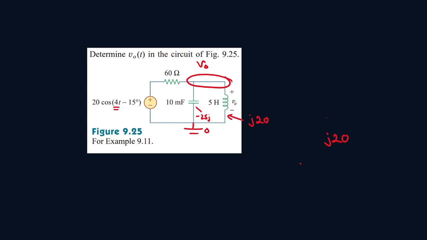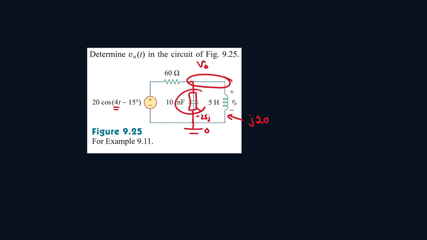Anyways, if we can combine these two impedance values into one, then we can quickly use voltage division to find VO, because afterwards our circuit will be confined to this region, but we know that this region will be VO, so the voltage between here will also be VO.